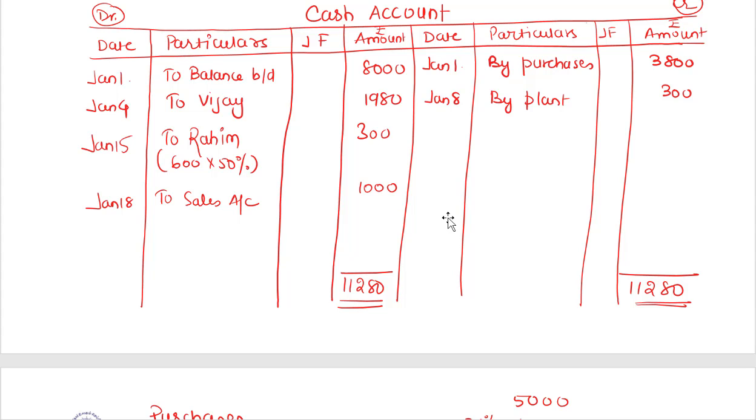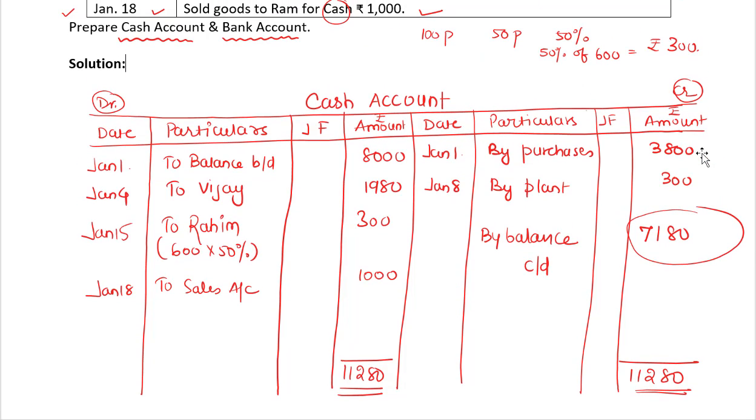Let's deduct these two amounts from this total. 11,280 minus 3,800 minus 300, and the balancing figure is 7,180. By balance carried down, that means closing balance of cash. Closing cash balance. I believe it is clear till over here.